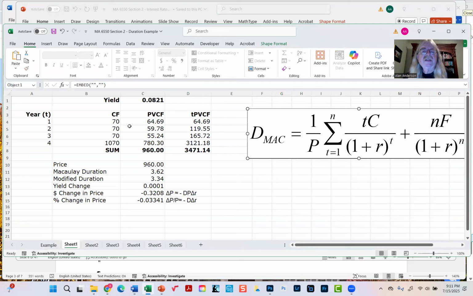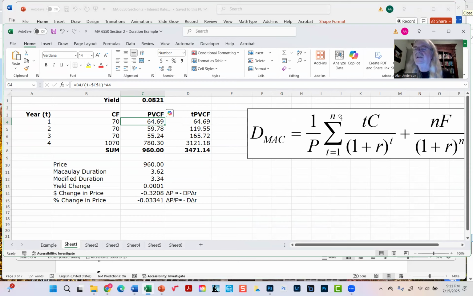So basically what's happening here is that in this column, these are the present values of the cash flows, which basically means what you would, let me write these in here.